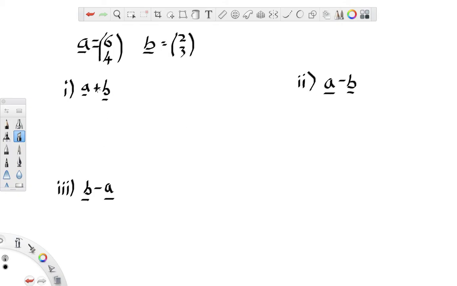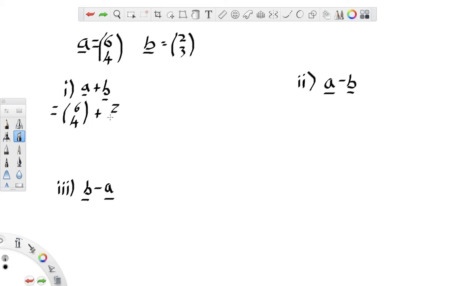So question 1 is A plus B, question 2 is A minus B, and question 3 is B minus A. So we'll jump straight in. For question 1, we've got A plus B. Well, that's really easy, that's just what we've been doing. So that's 6, 4, and we're adding 2, 3 to that.